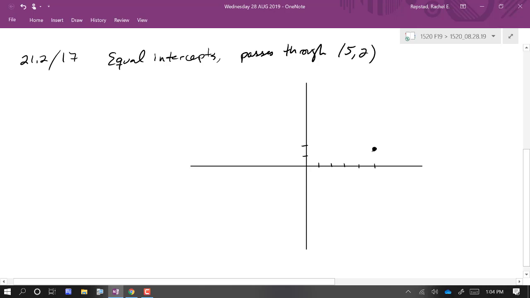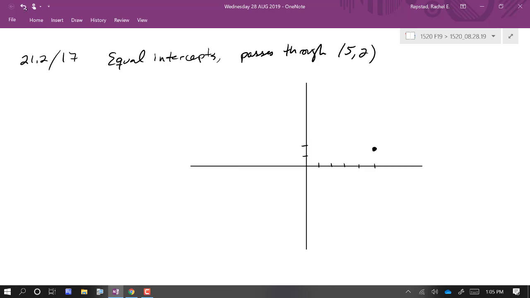Now, if it has equal intercepts, that means that they are also going to be the same sign. So either they're both negative intercepts, which would be like this, right? Or they're both positive intercepts, which would be like this. So do we think they're positive or negative intercepts? They've got to be the positive intercepts, right?